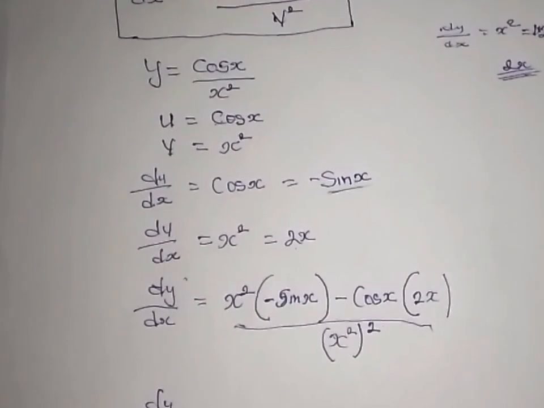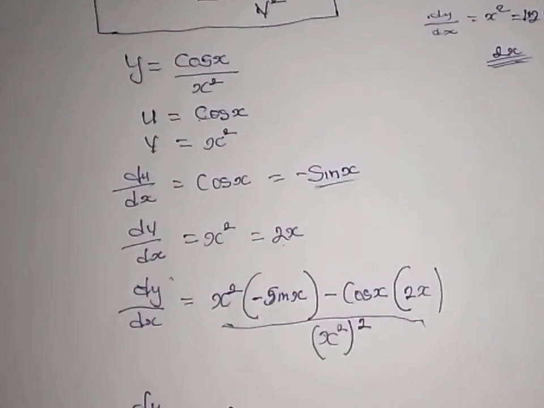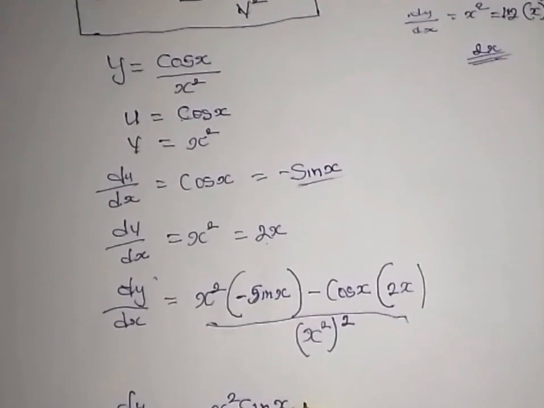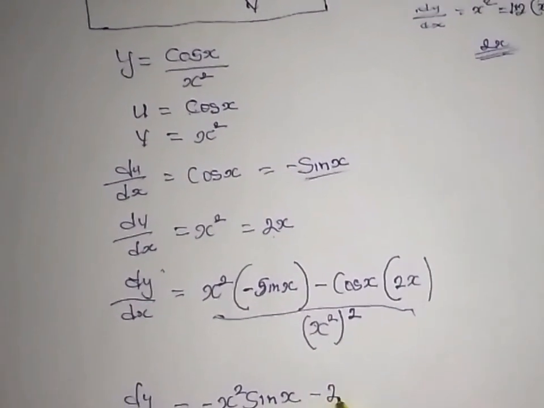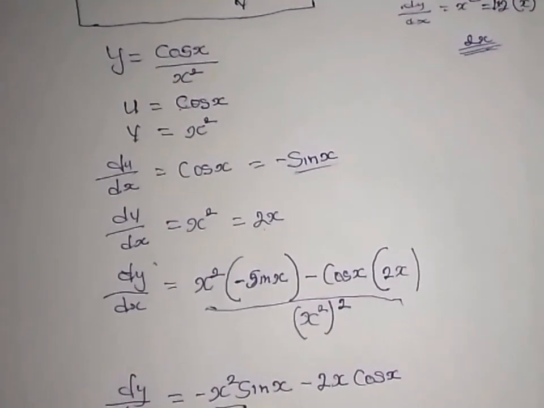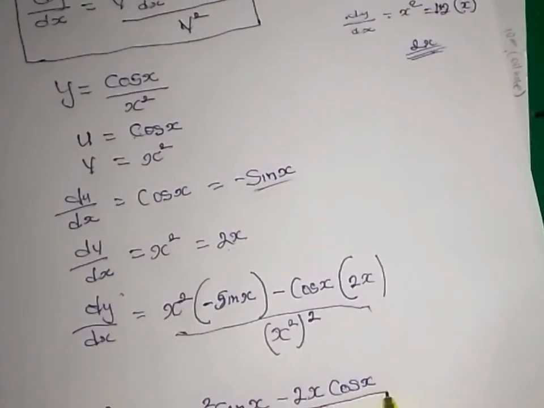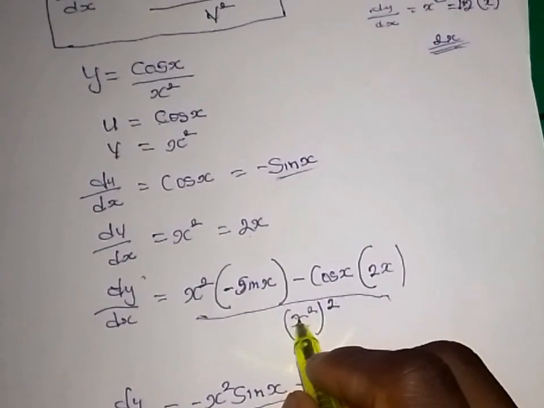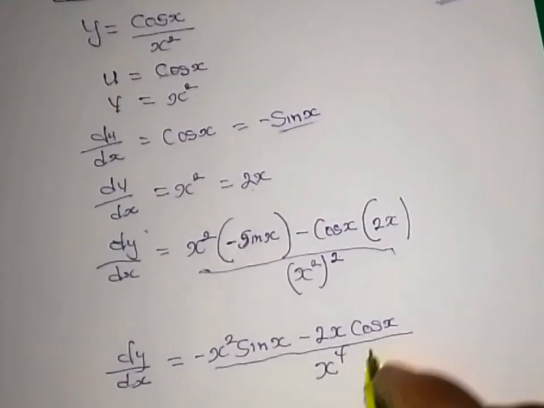Dy all over dx is equal to this times this will give us a negative x squared sine x minus this multiplied by this will give us 2x cos x, all over this plus this will give us 4. Now we'll get x raised to power 4.